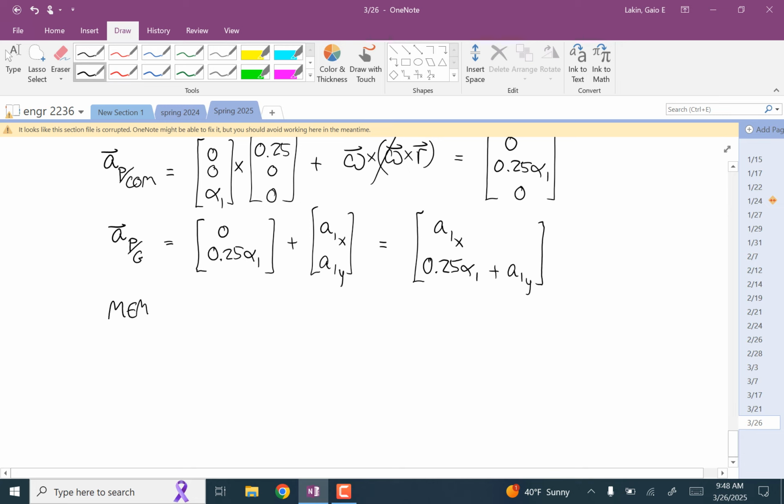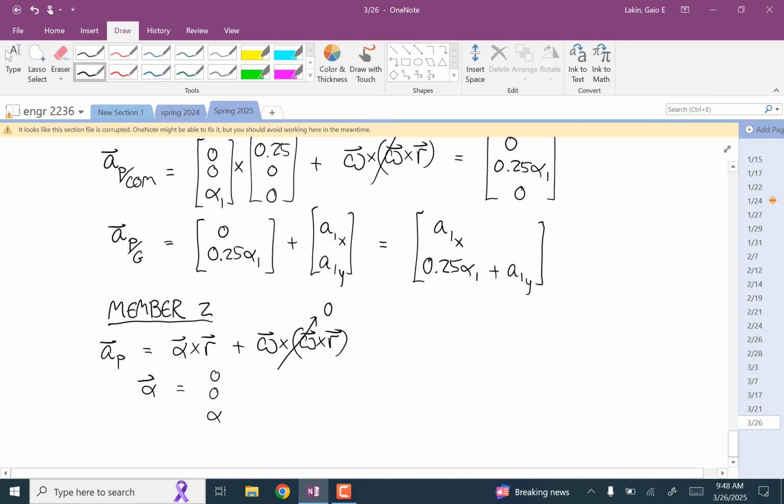Now we'll do it for member 2. This is just circular motion because there's a fixed point. And so the acceleration of P is equal to alpha cross r plus omega cross r. Again, omega is equal to 0, so that's going to go away. The alpha vector is 0, 0, alpha 2.